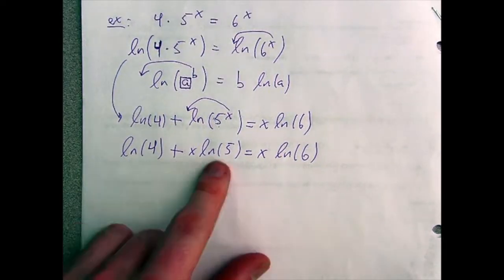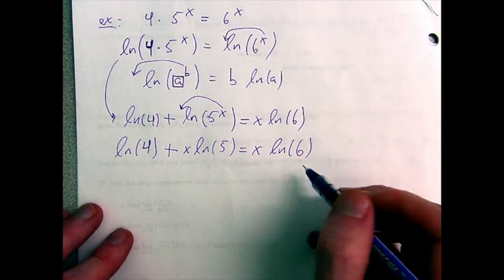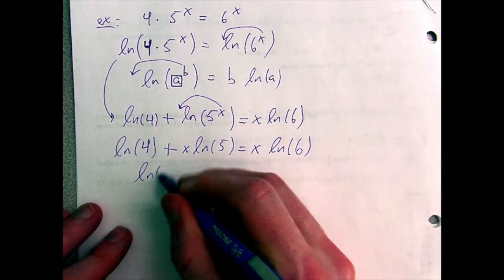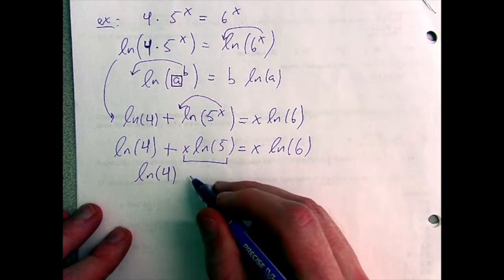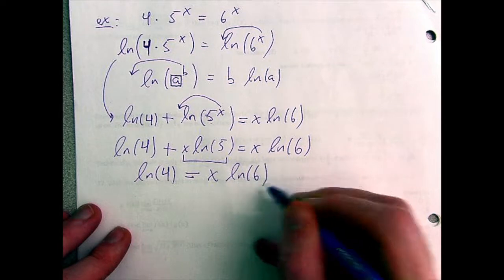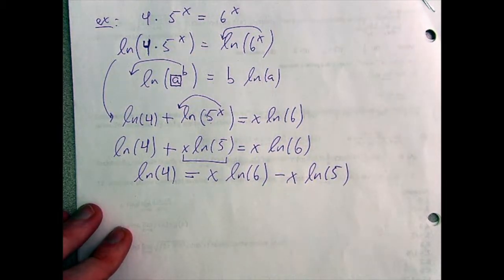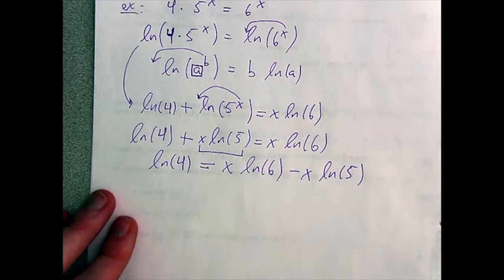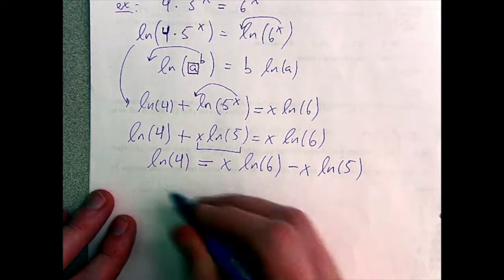Natural log of 4, 5, and 6, those are just decimals. So what do you do? Well, you need to bring all the x terms over to one side. So I'll subtract this term from both sides, giving me natural log of 4 is equal to x natural log of 6 minus x natural log of 5. At this point, it's maybe less clear what you have to do. The trick is to factor out the x from both of these terms.